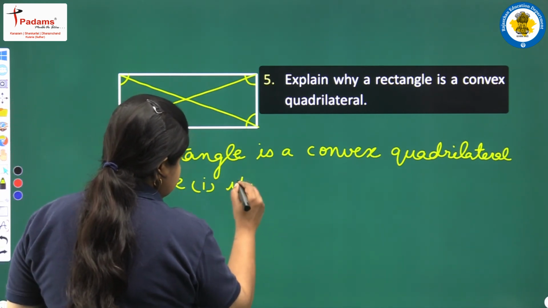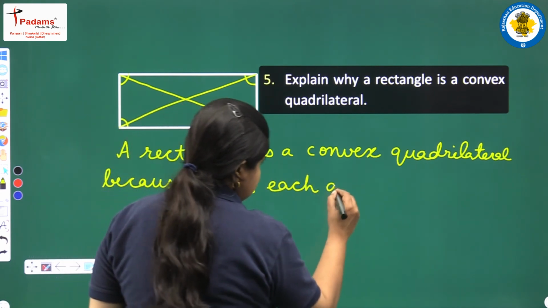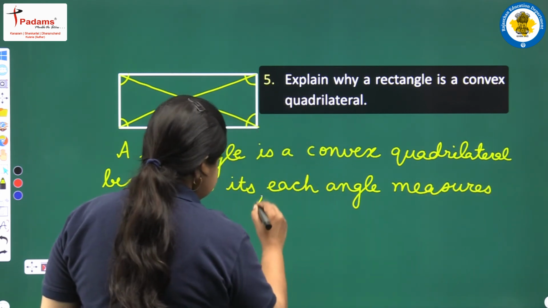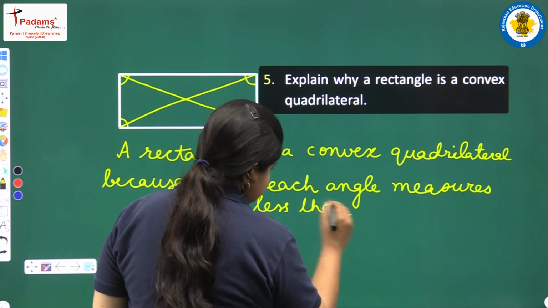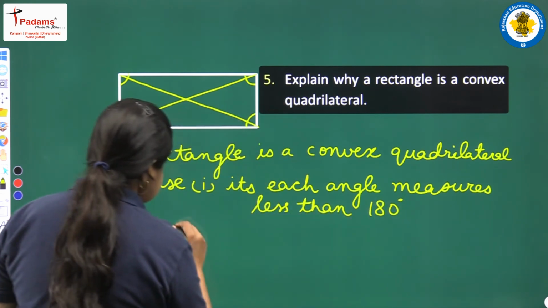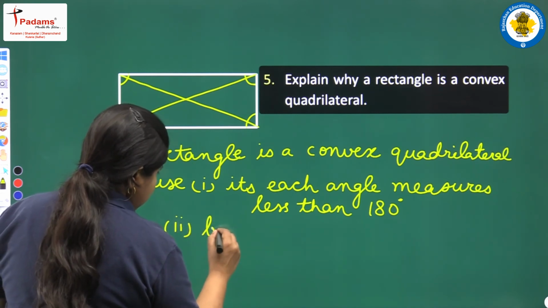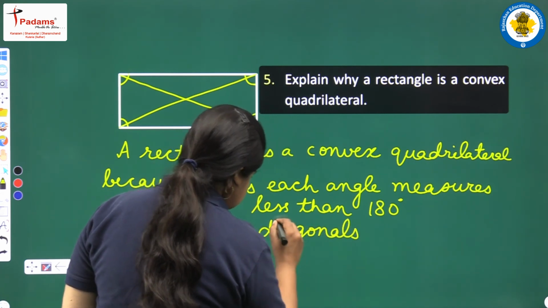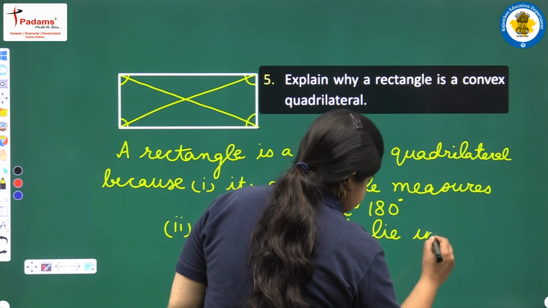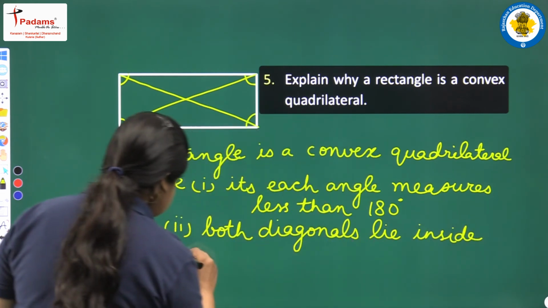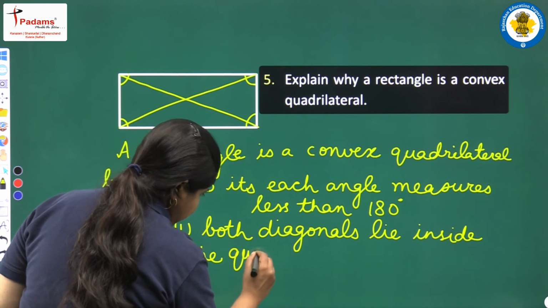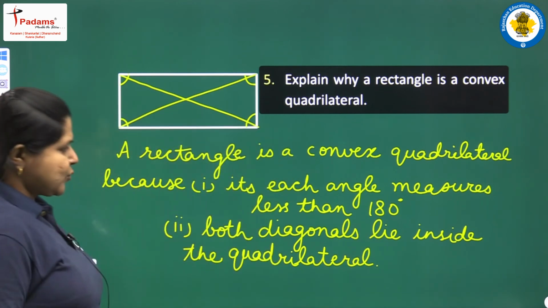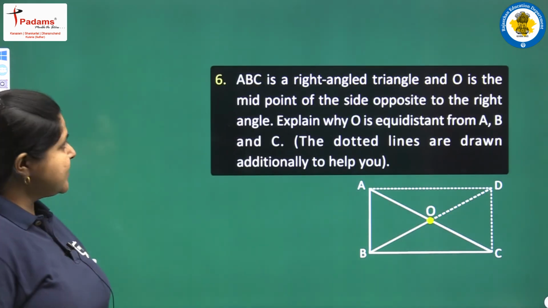First, each of its angles measures less than 180 degrees, and second, both diagonals lie inside the quadrilateral. These two reasons make it a convex quadrilateral. Clear to you? Then we have the last question.